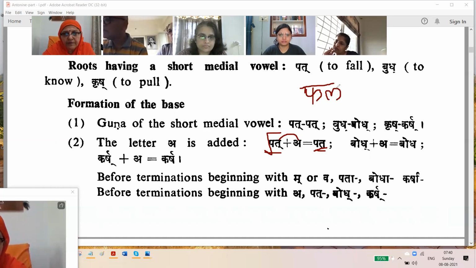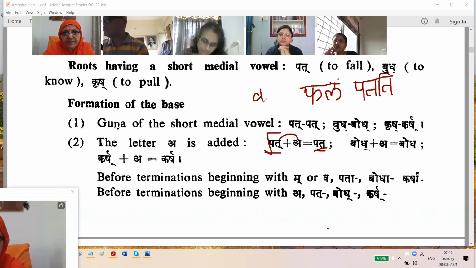Phalam patati, what does it mean? Fruit falls. Not fall, falling. Falls or drops. Fruit. Patati.